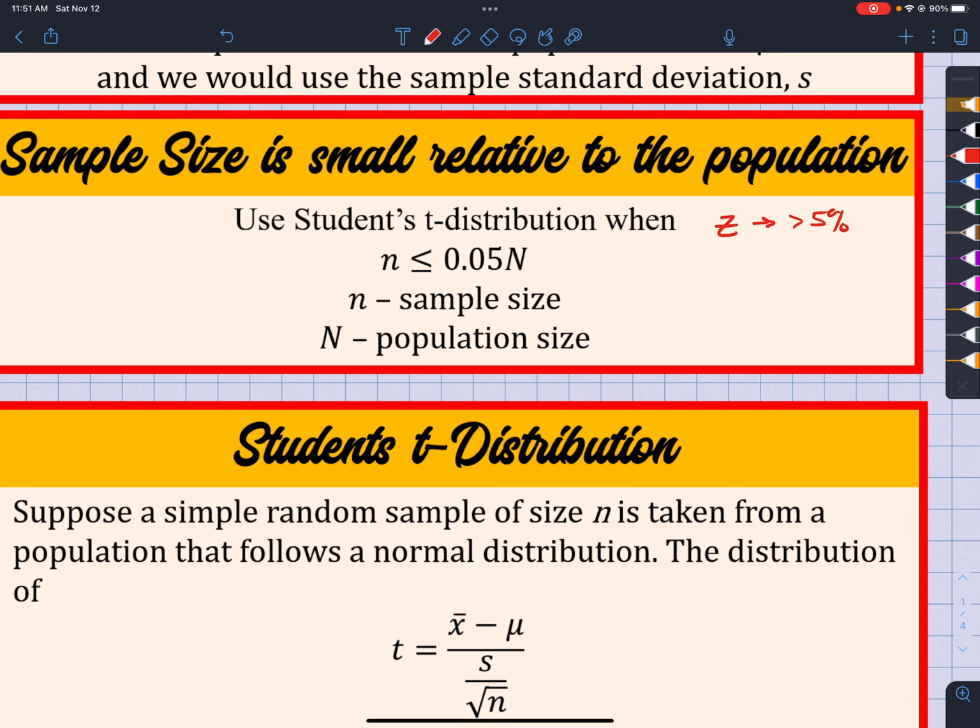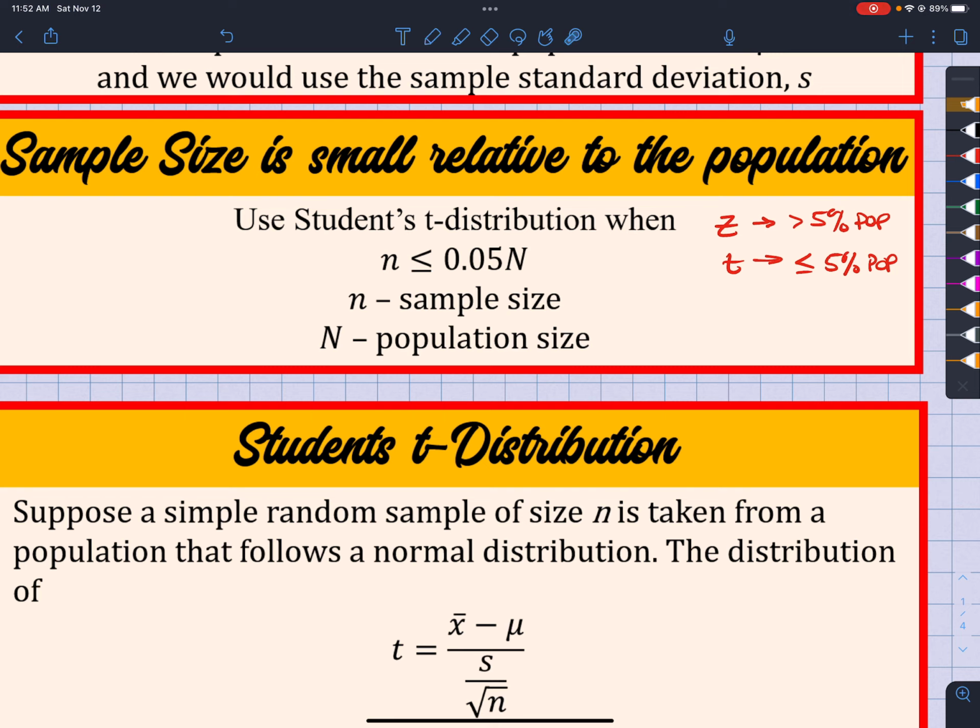But now, since we're using even less than 5%, we're going to use the t distribution. So t is going to be for less than or equal to 5% of the population. Okay, so that is the difference there.